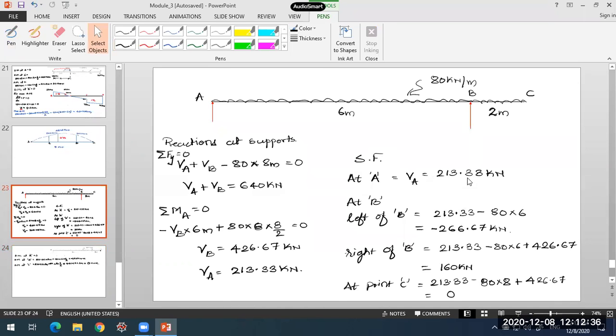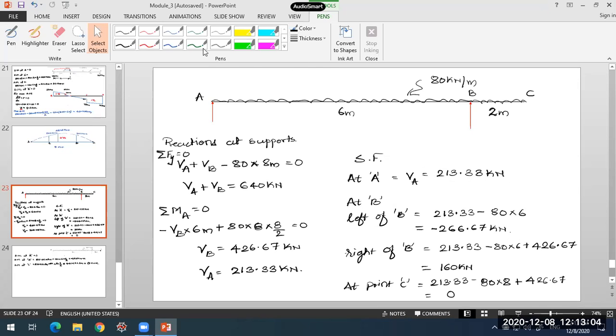Between A and B, 213.33 and minus 266.67. Somewhere between these two points the shear force is becoming 0.